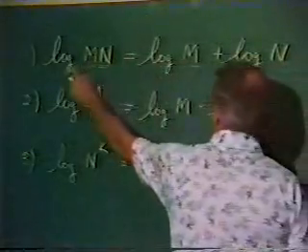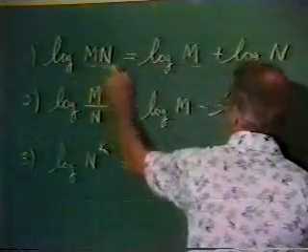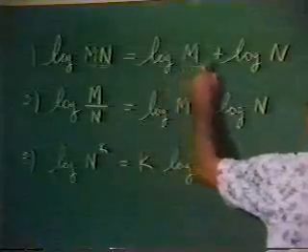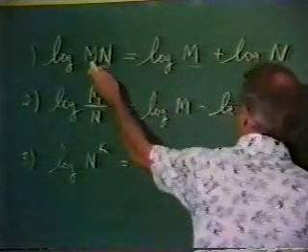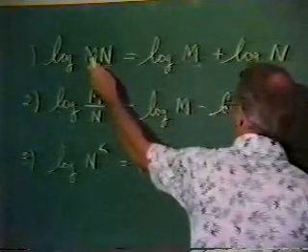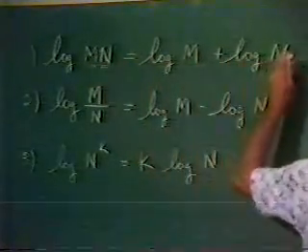If I have the log of a product, that's equal to log plus log. If I have 3 or more or 4 or more, it's the same rule. If I have the log of 4 things, then it would be log plus log plus log plus log.